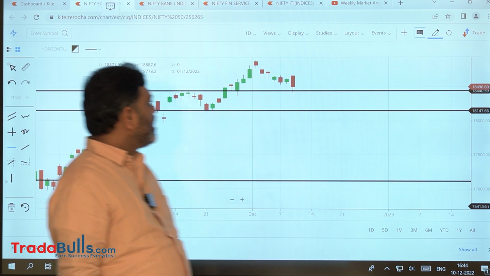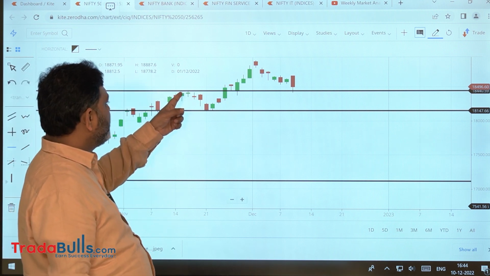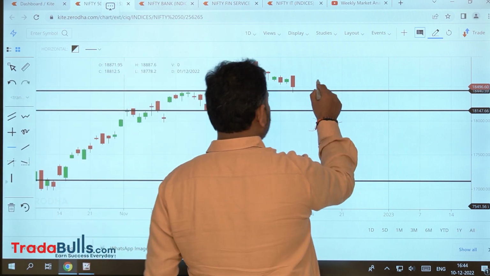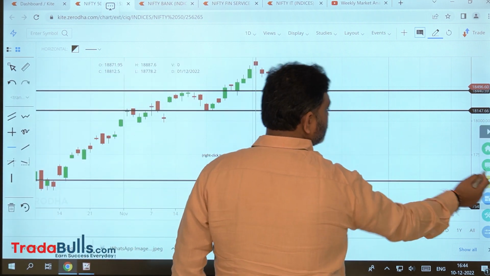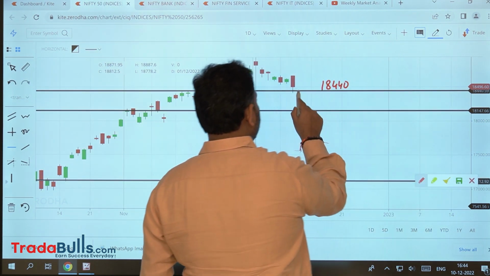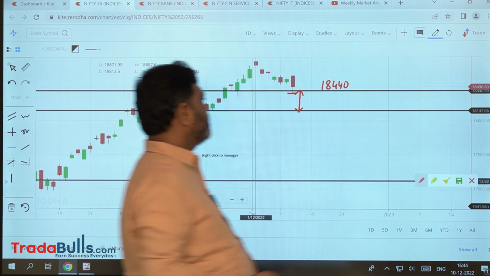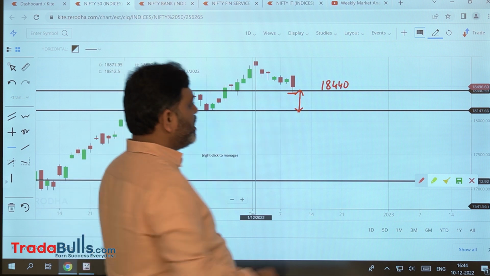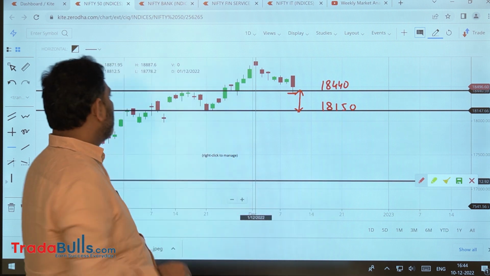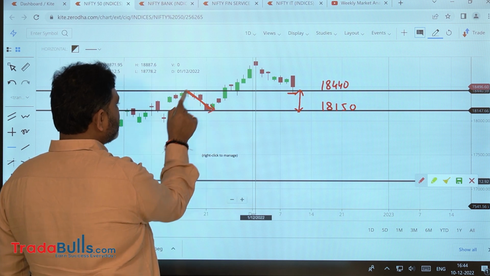When we compare the last week swing high, it is indicating 18,440 level. Yesterday it took support at 18,440 level, and next week if it breaks and closes below that 18,111 level, what was the last week low, it may retest once again 18,150 level, which was the previous swing low.